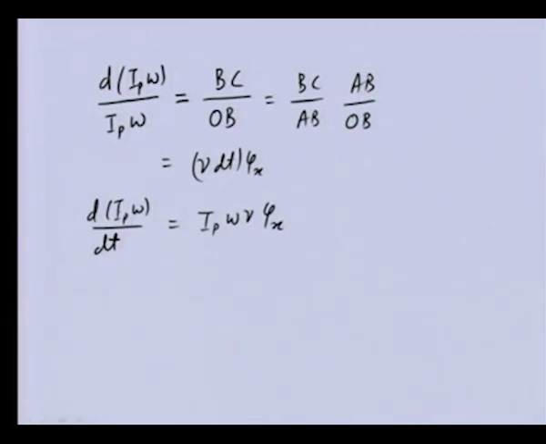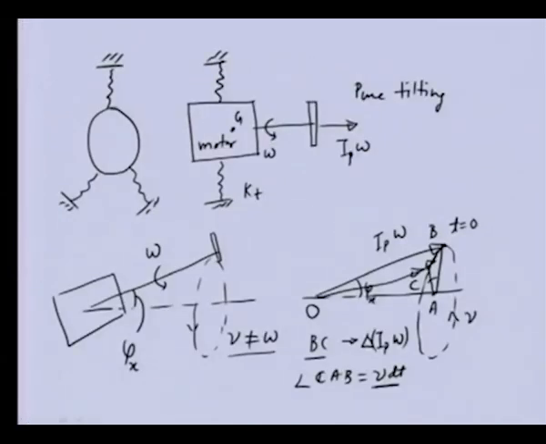The rate of change of angular momentum is nothing but the moment, the gyroscopic moment. This is the gyroscopic moment which is produced because of the whirling and spinning of the shaft. The direction of this will be in the direction of BC, which is outside the screen.